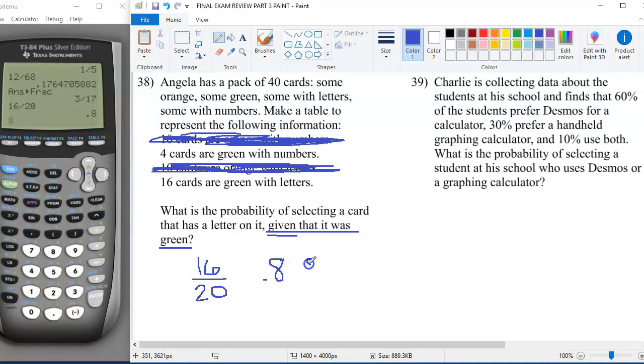You could call it 80%. You could call it 4 out of 5. All 3 of these answers would be correct. I believe on the study guide it is listed as 4 out of 5. It doesn't really matter. I want you to be aware that all 3 of these mean the exact same thing. Okay?